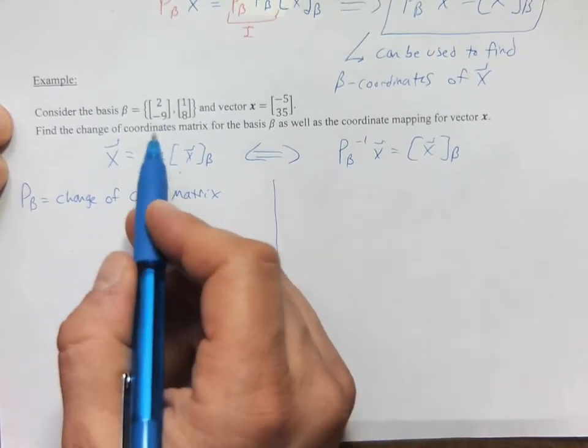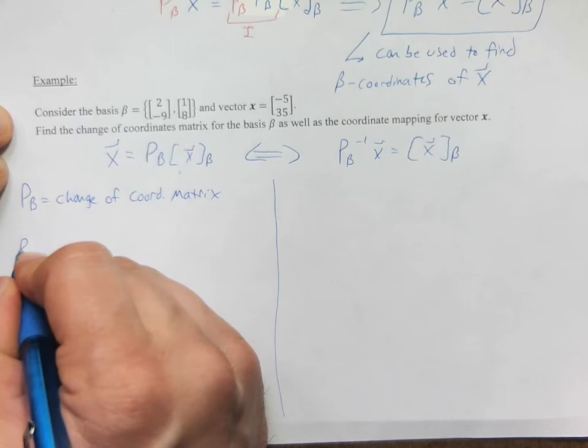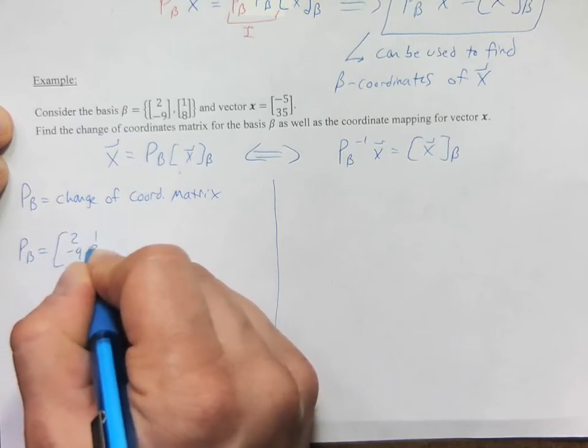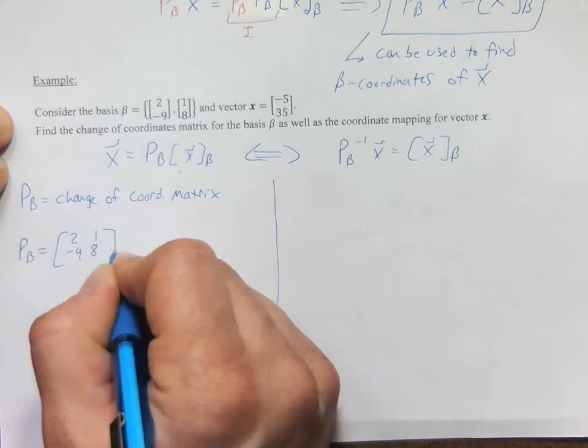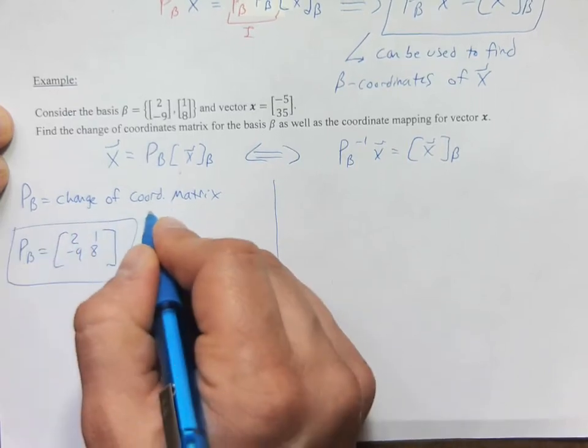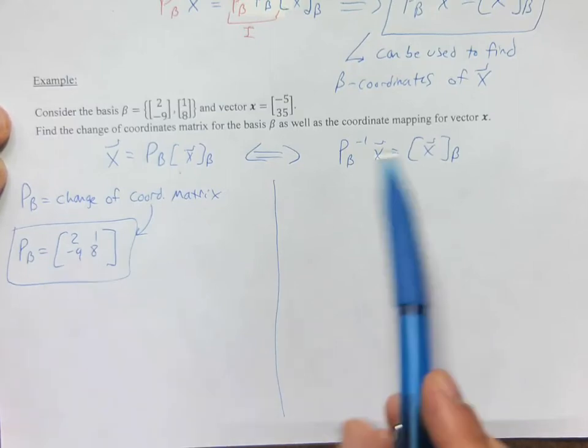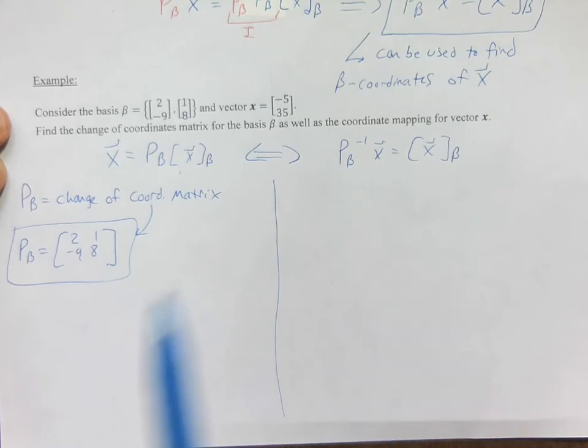We just take the basis elements, 2, minus 9, and 1, 8, and we stick them in a matrix together. That's that. And then we want to find the inverse of that so that we can multiply x on the left by it.